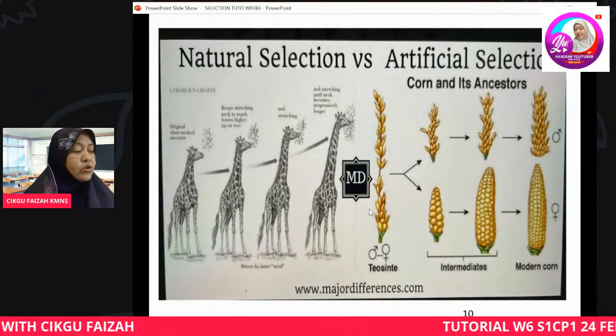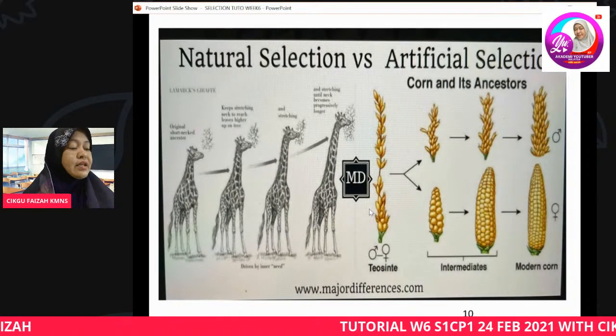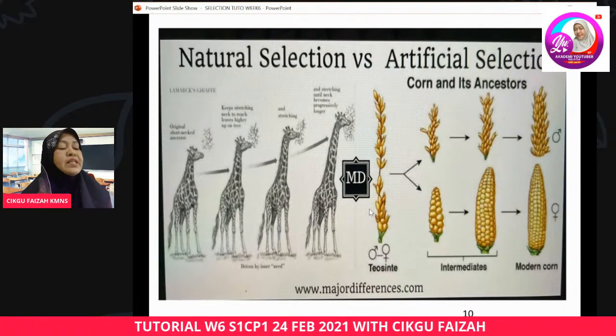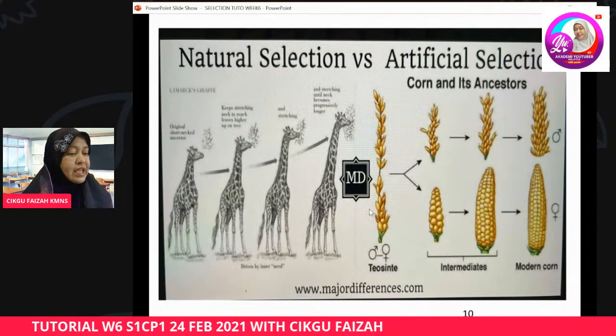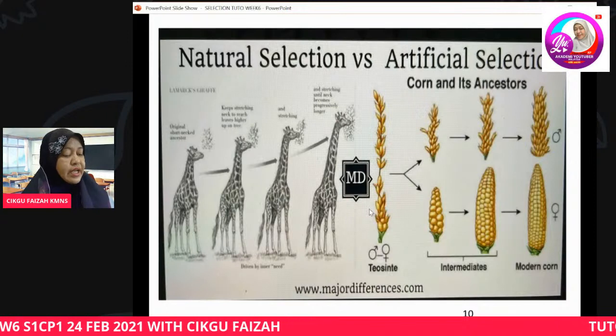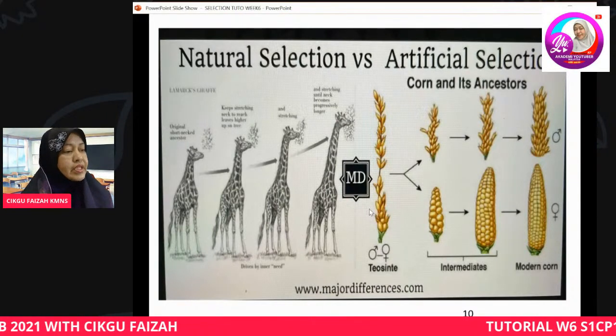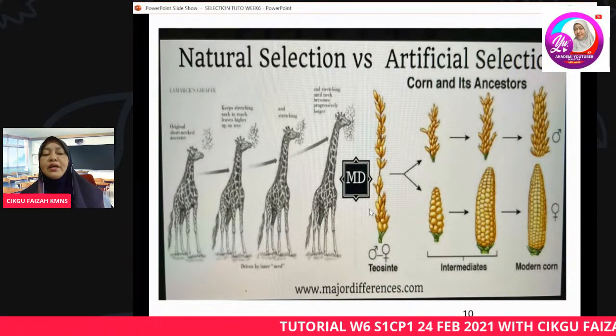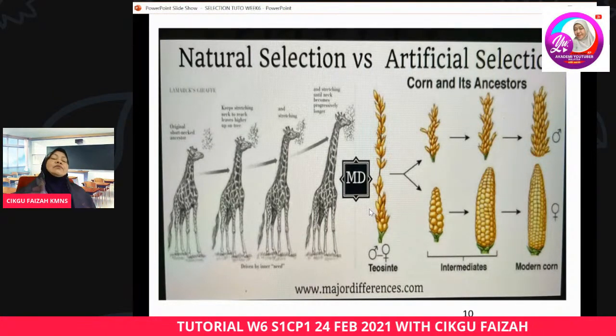Okay, so sorry, 80. So today, this afternoon, teacher would like to cover discussion from 77 until 80, the 80 yang atas, before the second subtopic, which is speciation.